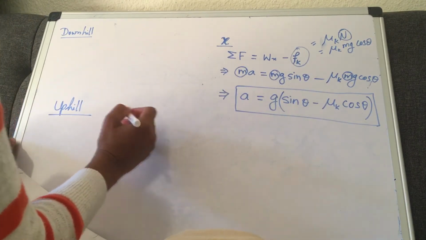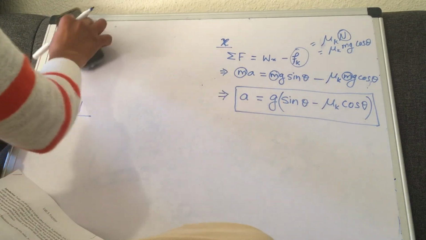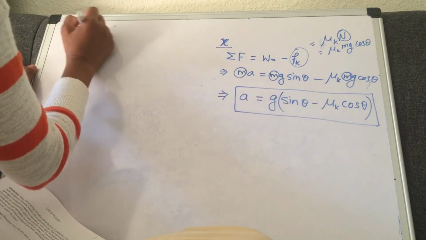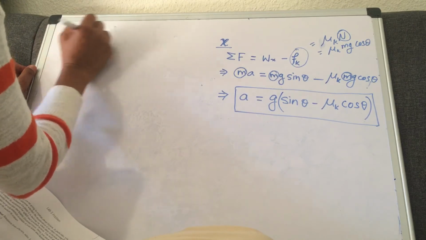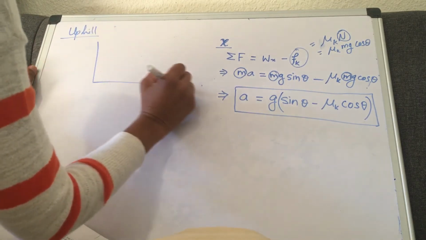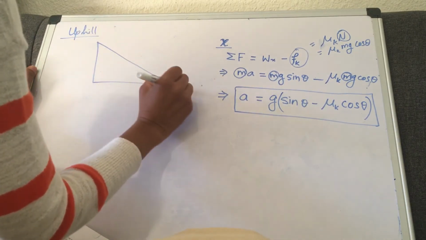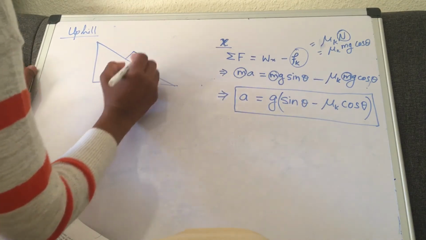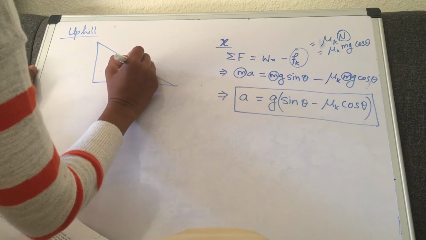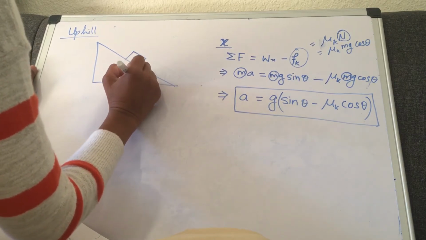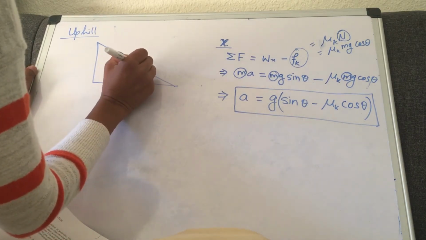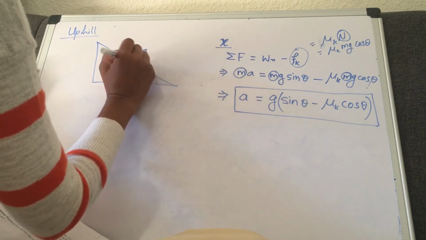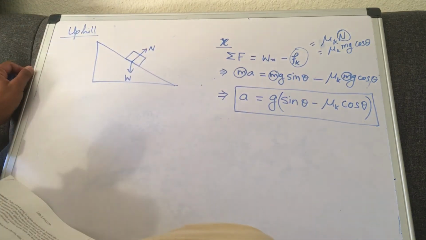So for uphill, downhill, let me write up here. Uphill. Okay, here is an object. Now this object has a mass, it must have a weight pointing this way. If these surfaces are in contact, there must be a normal force acting perpendicular to the surface, so this is the normal force.